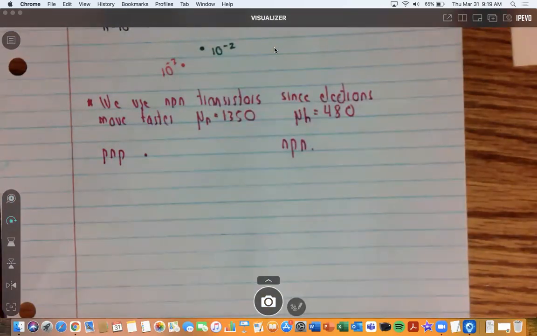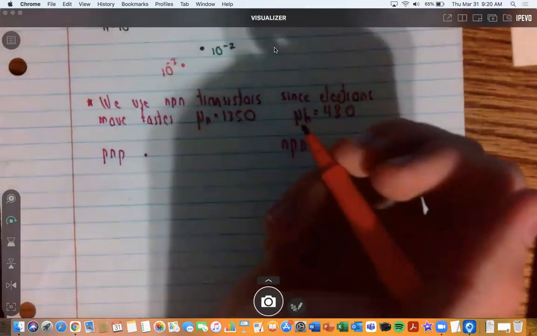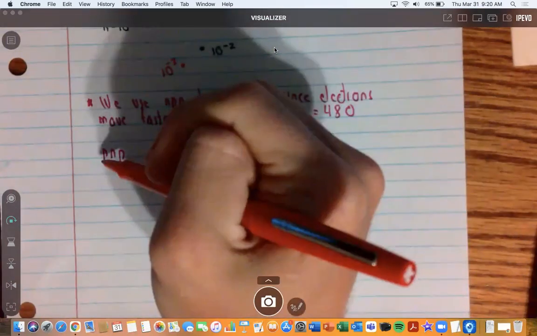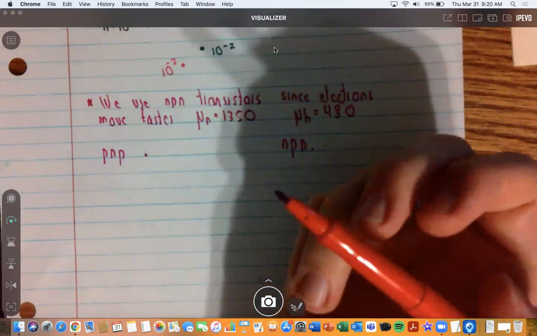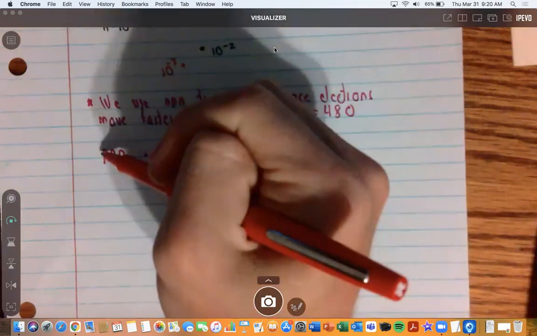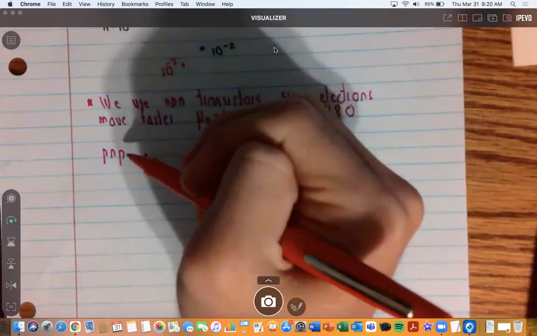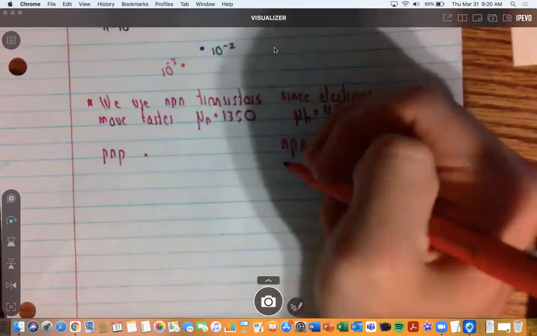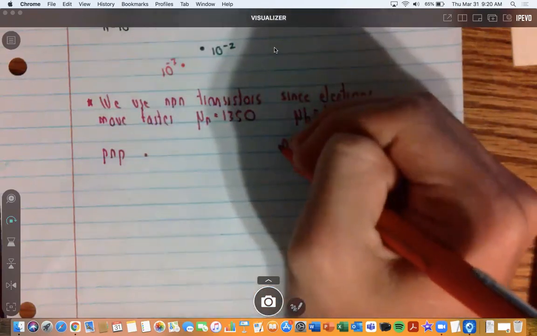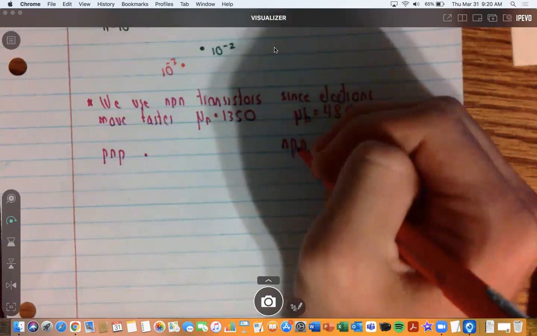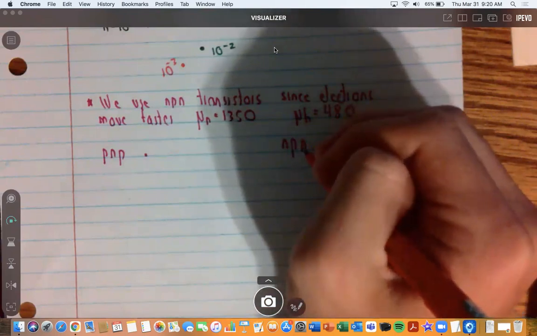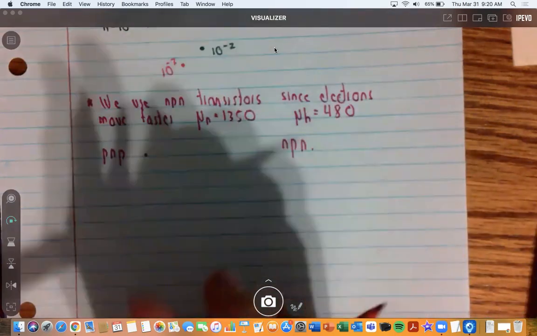What's the difference between them? For the PNP, we know it's going to be heavily doped with holes, because we have the heavily doped emitter region, then the base, then the collector region. The NPN is heavily doped with electrons since our emitter region is heavily doped, then the P is the base, and then the N is the collector terminal.